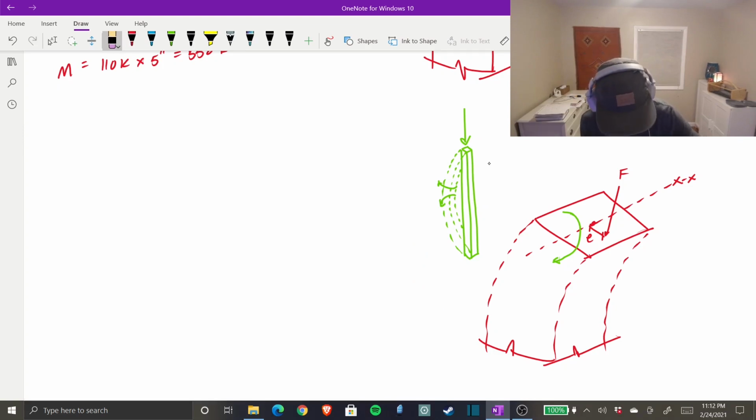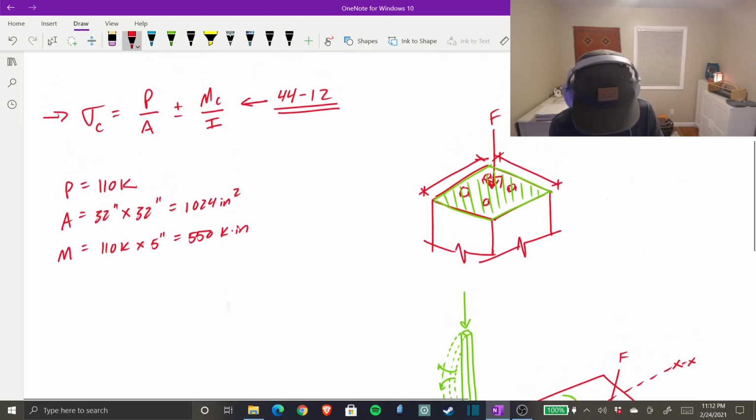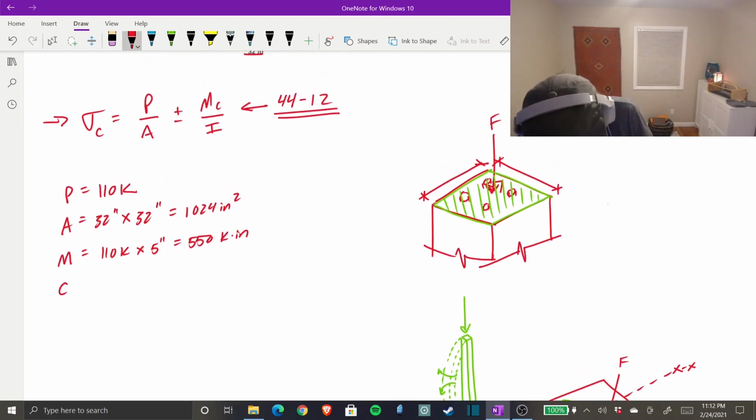So that is where our moment is coming from. What else is next? We need C. C, we know, is the distance from the centroid of our column to the extreme fiber.